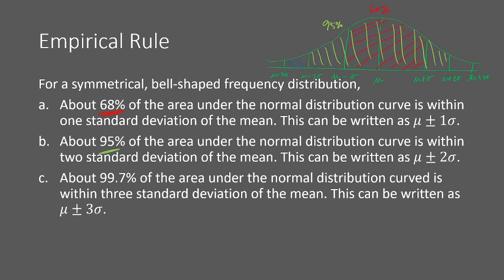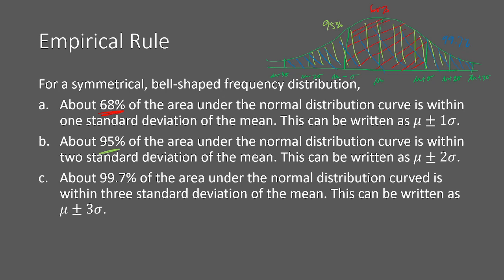So, pag kasama na yung ating 3 sigma, that will be 99.7% of the area under the normal distribution curve ay magiging within siya sa ating mu plus or minus 3 sigma. So that is our empirical rule.